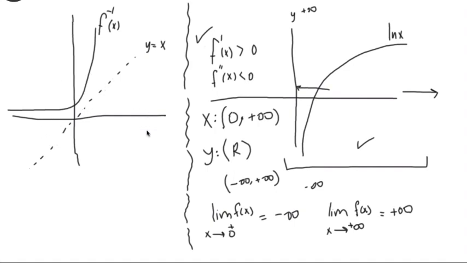Again, I also need to explain the graph. For example, the first thing that we need to be sure of is that this graph is also increasing. It is increasing, because as the value of x increases, the value of y also increases.